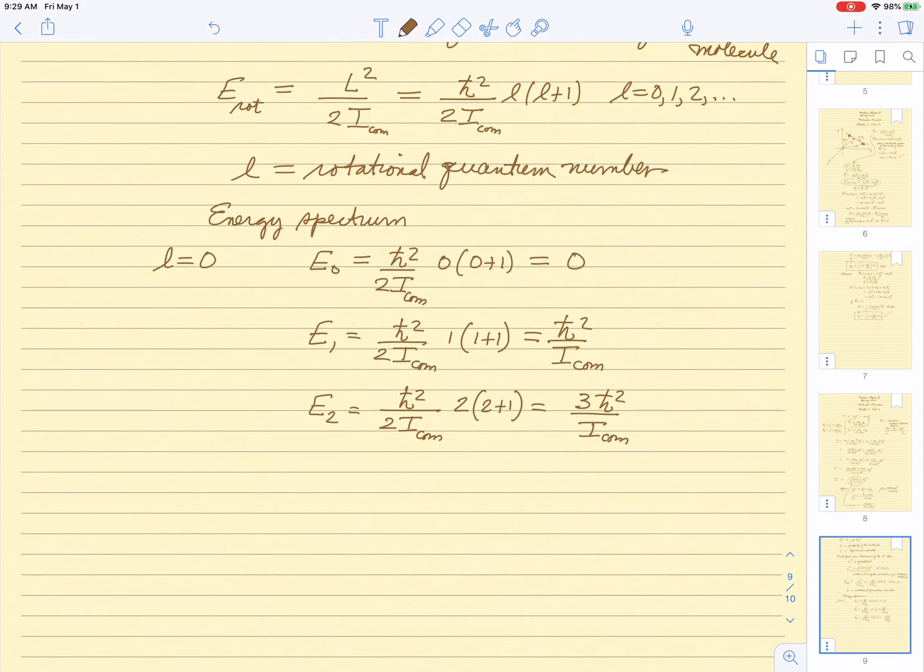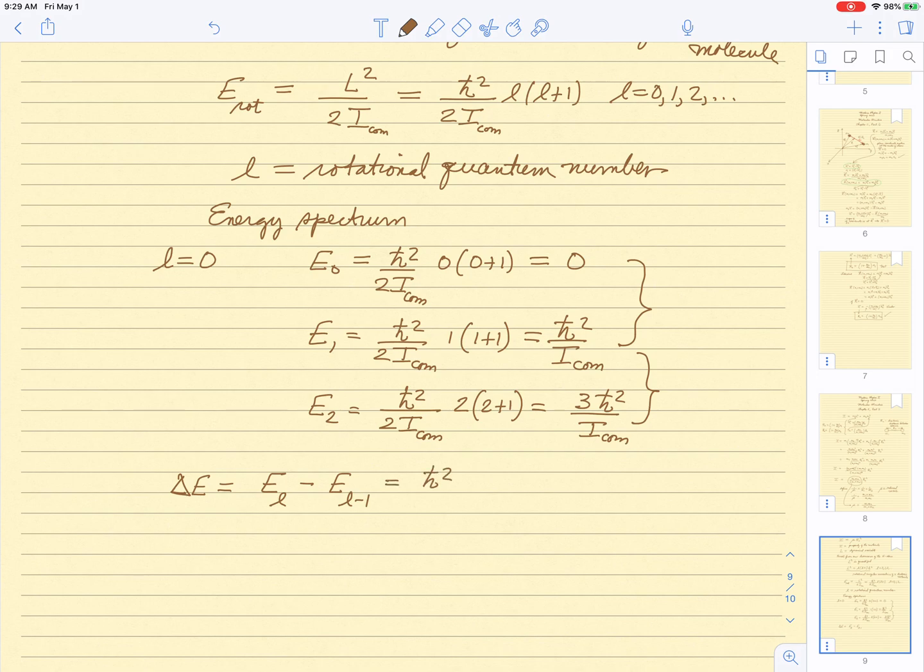And you can see now that the spacings between levels are not the same. Okay, so the spacings are going to increase with the quantum number. As a matter of fact, let's look at the general formula for the energy spacing between any two adjacent levels, and so that would be E sub L minus E sub L minus 1.